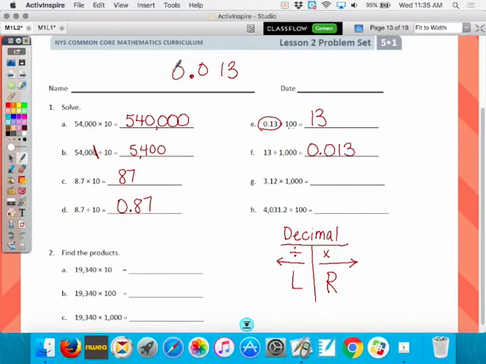Okay? So we're going to try G and H with just the trick. Are you ready for this? Okay, so at the bottom of your place value chart, write down 3.12. Who knows how to say that? 3 and, just say it for me. 3 and 12 hundredths. Wow, that was really good.